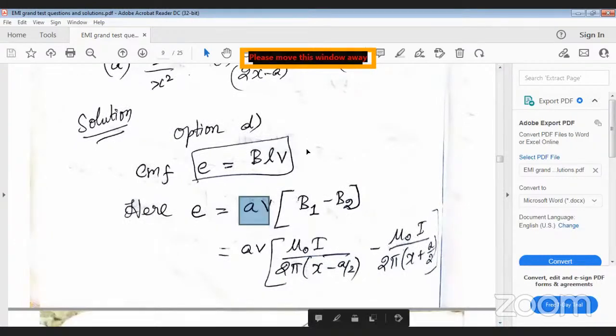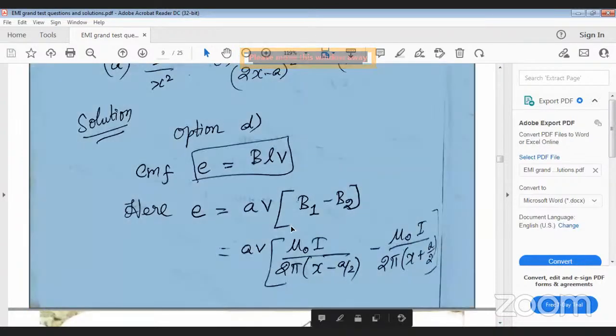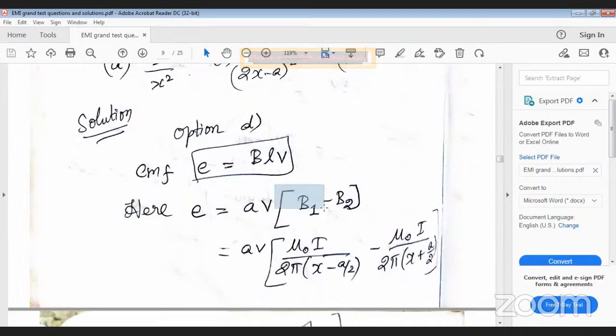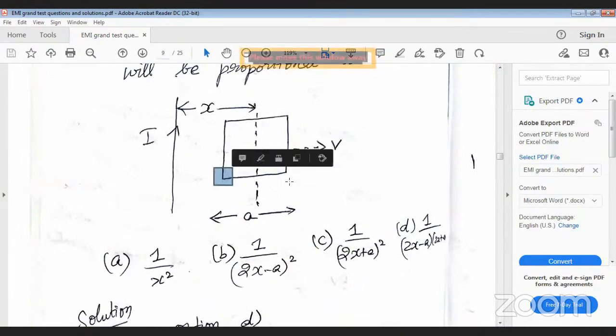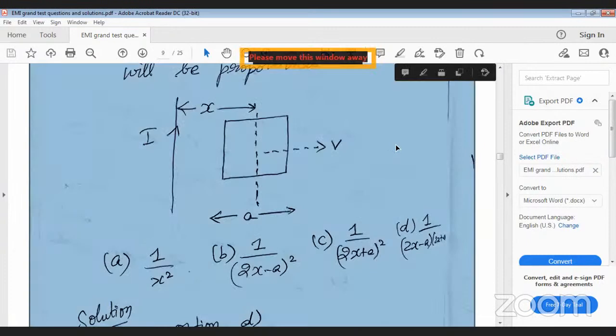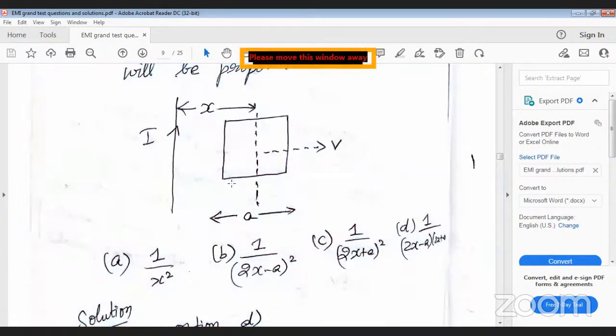And V is the velocity. Here also V is the velocity. And this magnetic field difference you need to find out: B1 minus B2. B1 minus B2 means the magnetic field difference between this point and this point. I am considering them as 1 and 2. At this point, what is the magnetic field you need to find out?